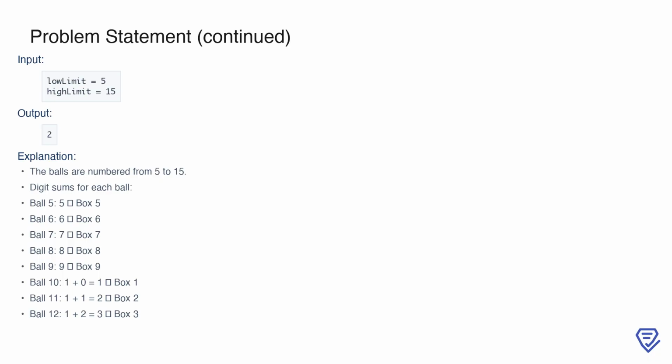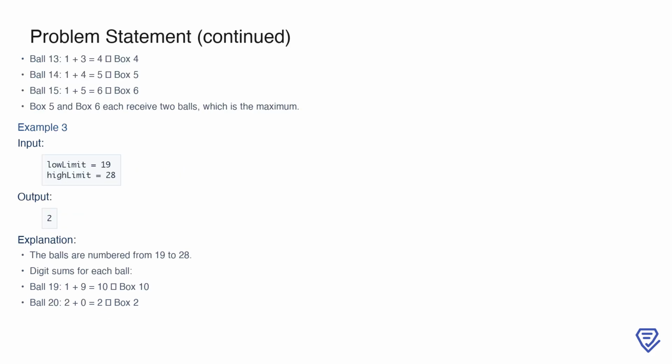For ball 10, the digit sum is 1 plus 0, which equals 1, so it goes into box 1. Similarly, ball 11 has a digit sum of 1 plus 1, which equals 2, so it goes into box 2. Finally, ball 12 has a digit sum of 1 plus 2, which equals 3, so it goes into box 3. This pattern continues as we calculate the digit sums for the remaining balls in the range.